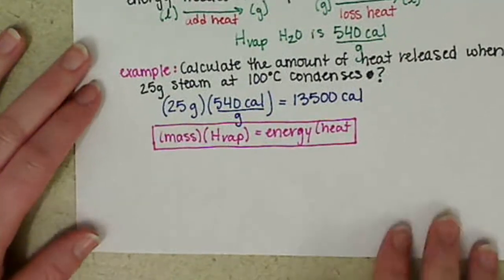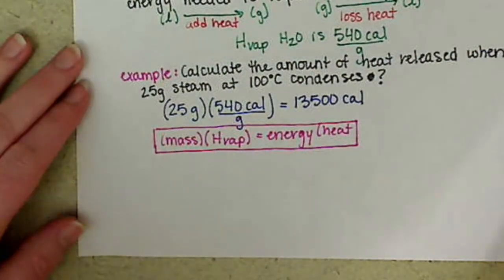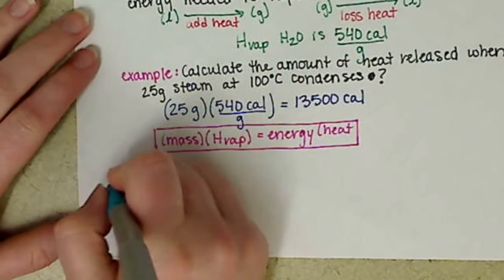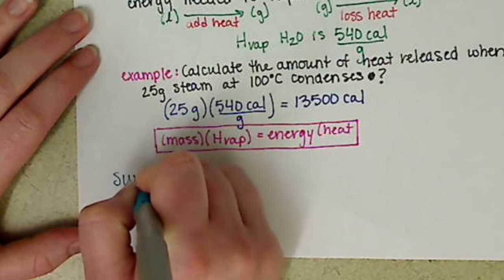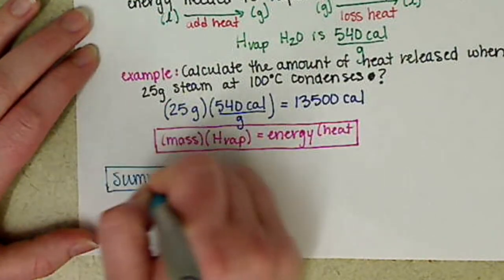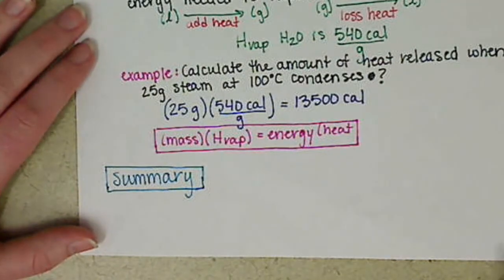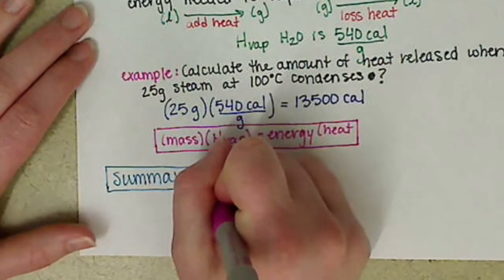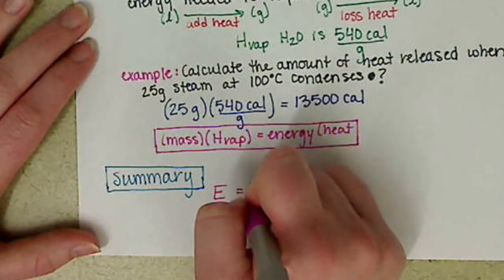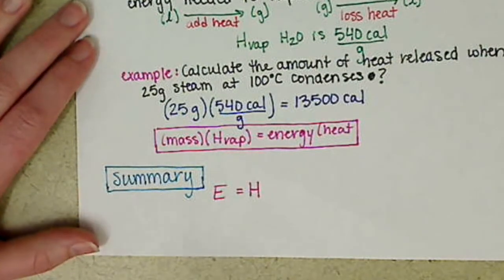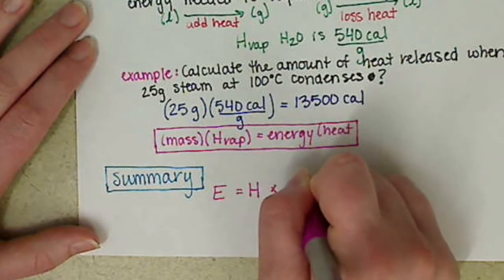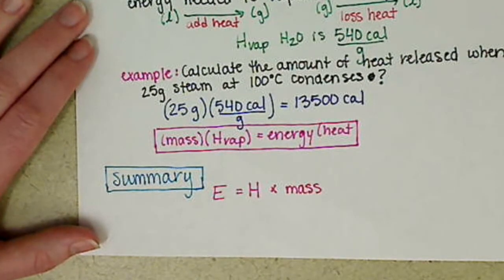This would be a good time to write a summary of our equations. So our energy is going to be equal to our enthalpy, our capital H, times our mass.